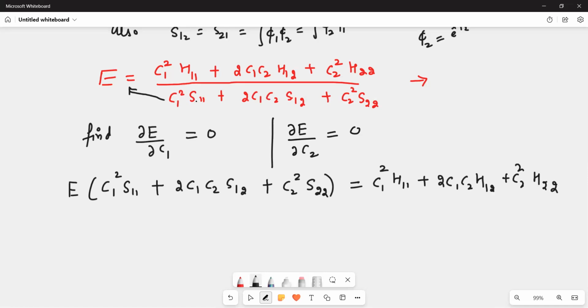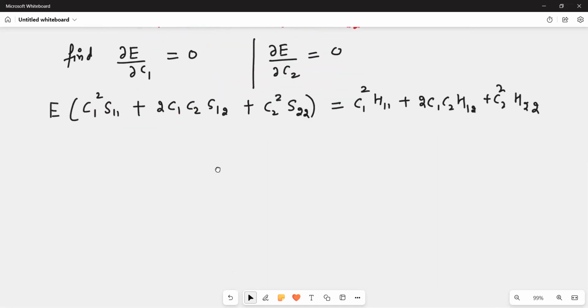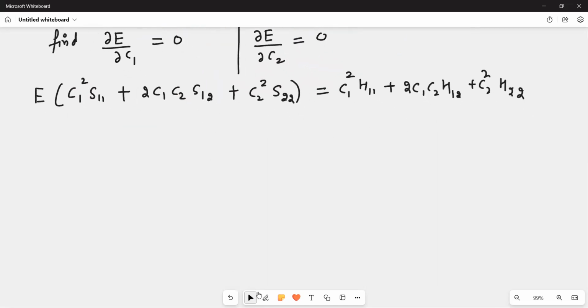So we have just cross multiplied or rearranged the equation. So now we have a linear equation. Now we will solve it.